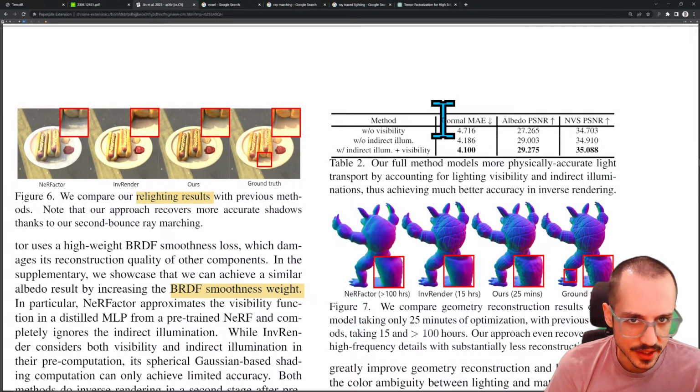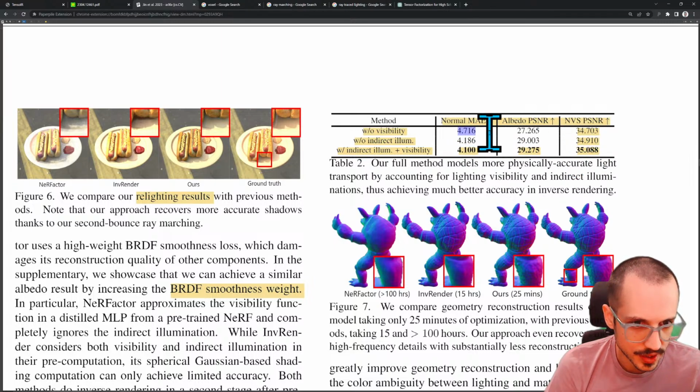So here you have the same kind of metrics for quantitative evaluation, and you see here without the visibility, without the indirect illumination, and then with the indirect illumination and the visibility, and it kind of gives you what you want here, where with both of those things together you get a better result than without.